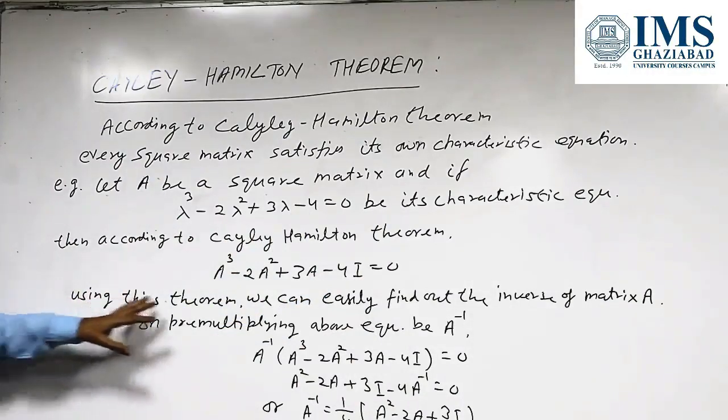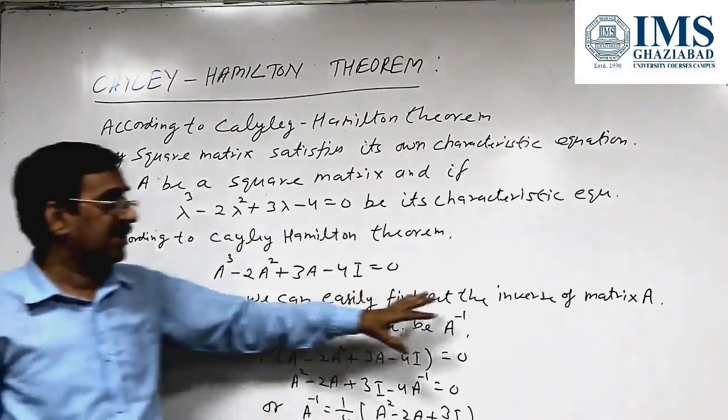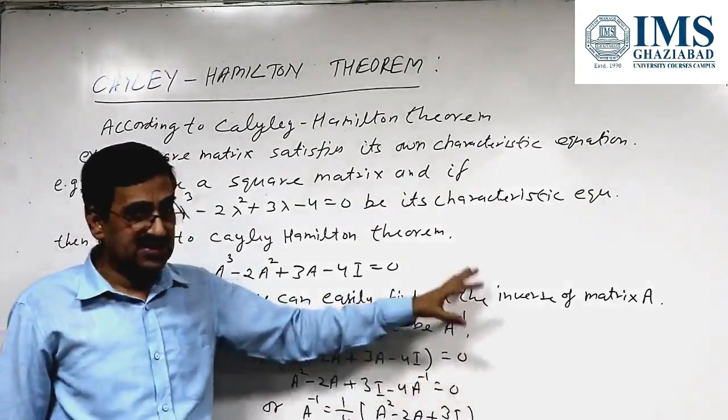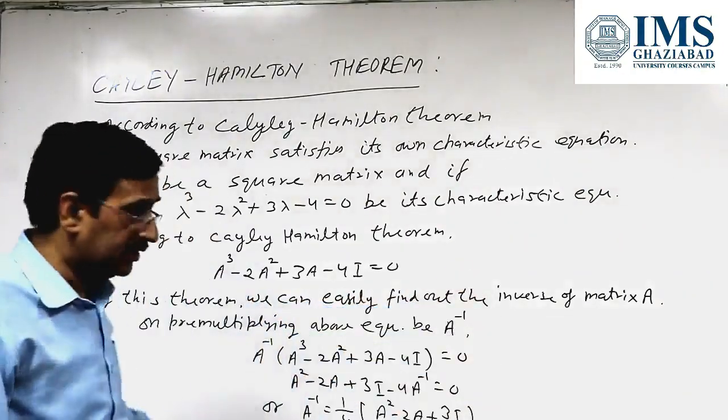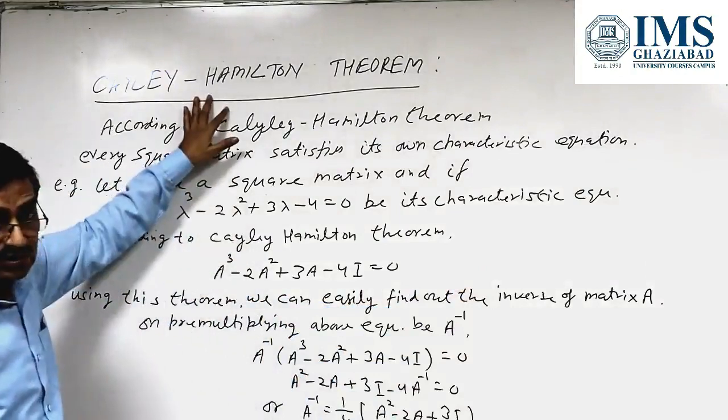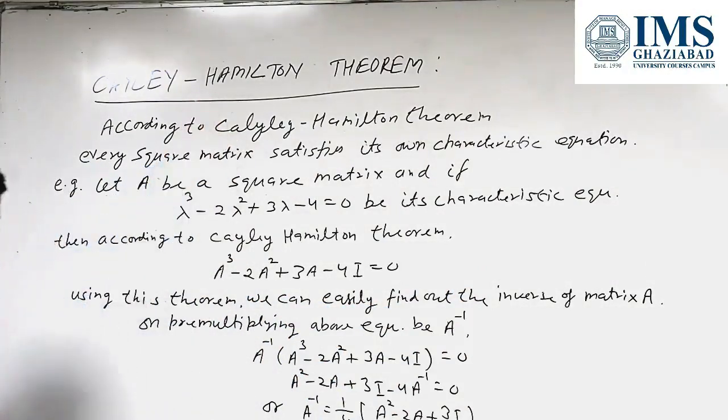Now using this theorem, we can easily find out the inverse of the matrix A. For a given matrix A, we can easily find out the inverse using the Cayley Hamilton theorem.